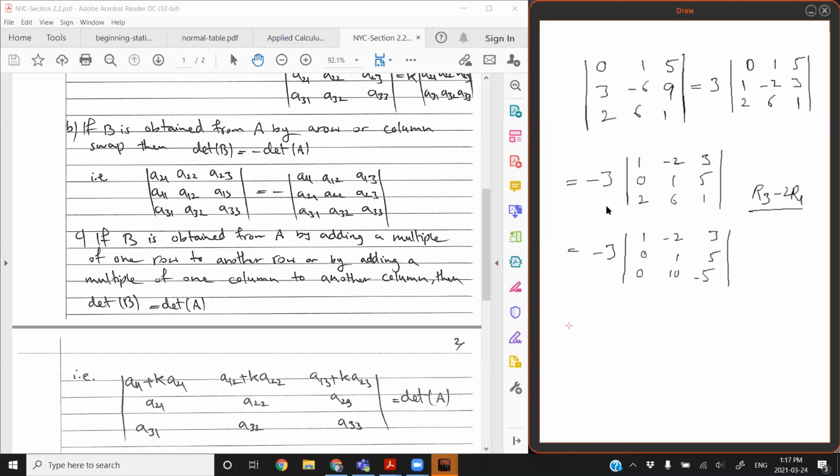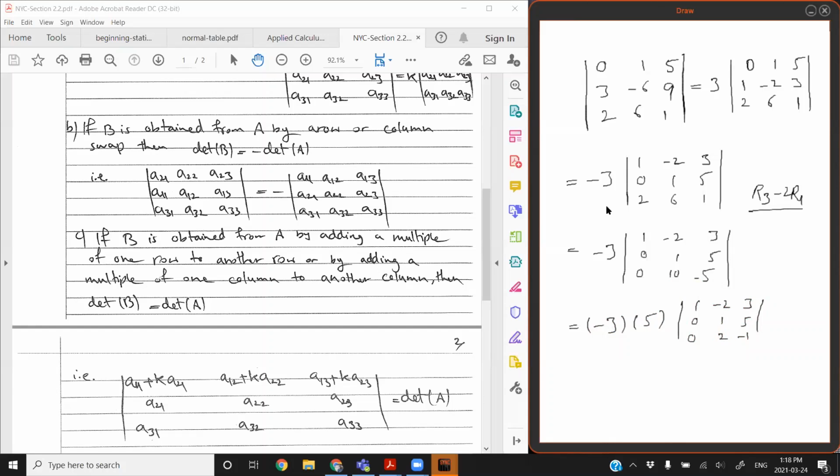The determinant of this matrix here is going to be the same as the determinant of this matrix here. And the next thing I can do is factor out a 5 from this row. So negative 3, and I factor out a 5 from this one. I get 1, negative 2, 3, 0, 1, 5, 0, 2, negative 1. And the last thing I'm going to do is try to get a 0 here.